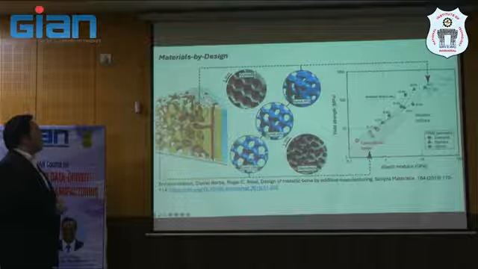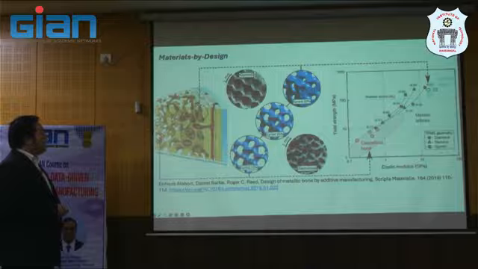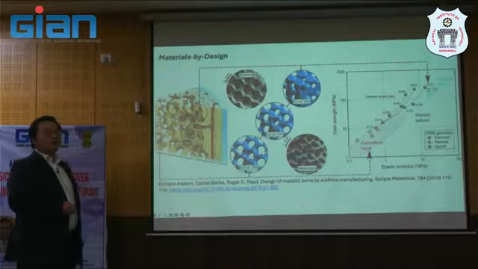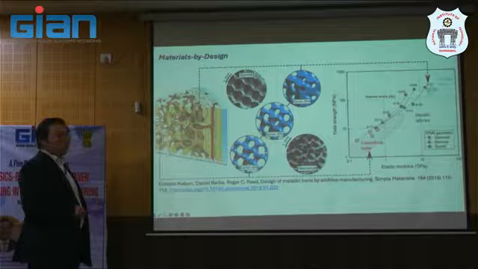So the way they try to do it here is to use additive manufacturing to design an engineered structure that allows them to change the stiffness and the strength of the material to match the bone for implant application.